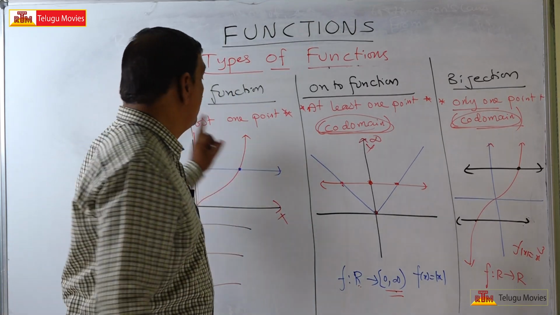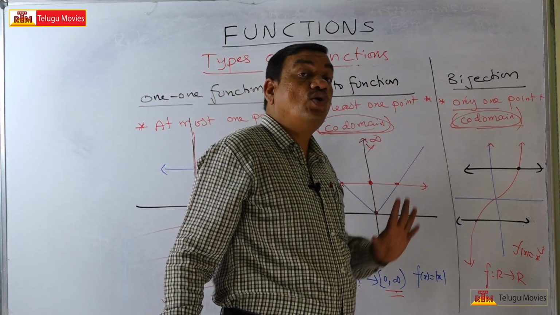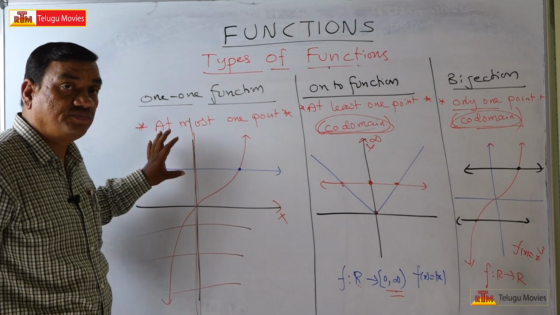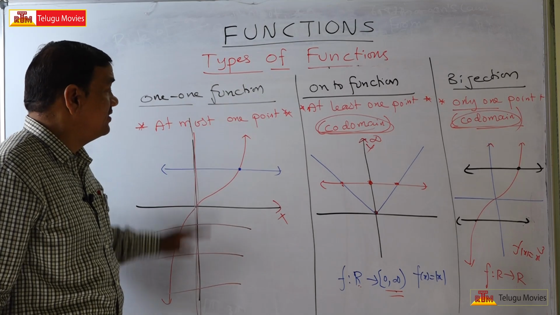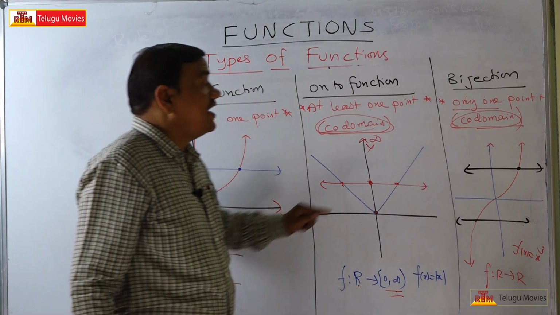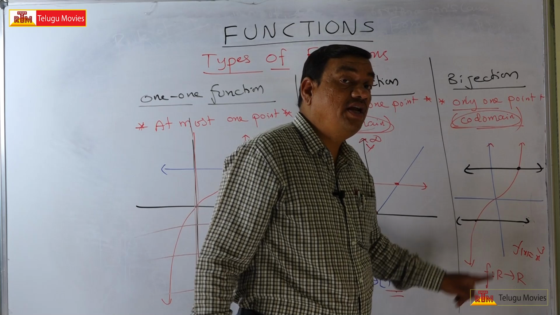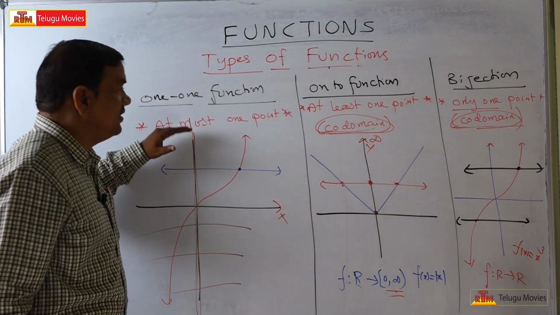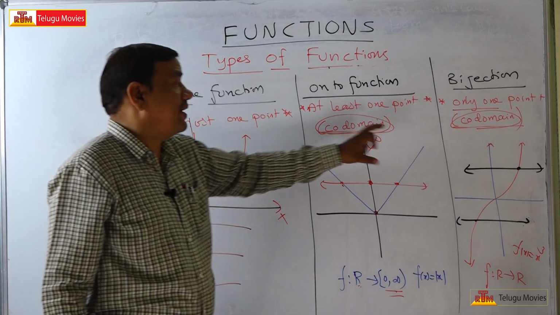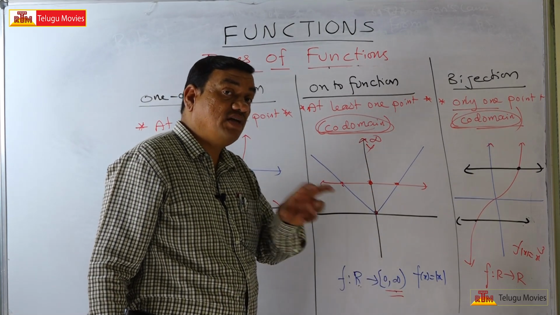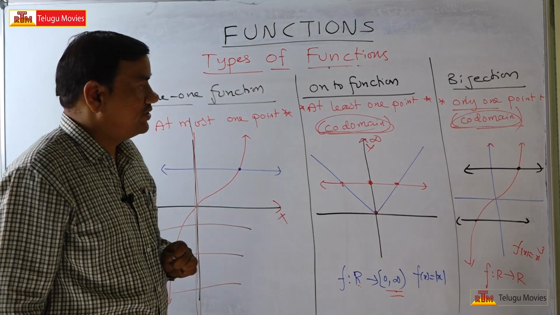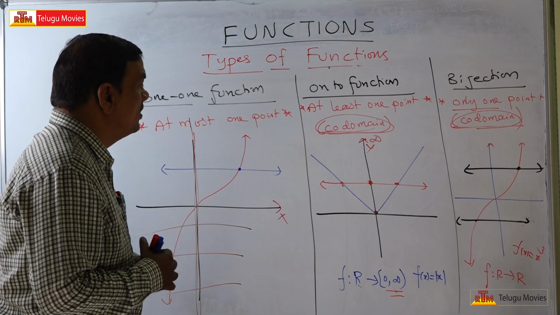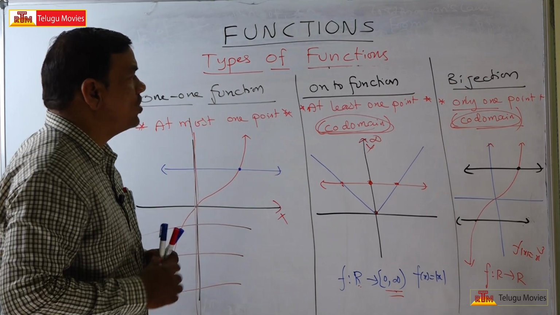It is at most 1 point in one case, only 1 point in the other. In one-one you can take the point from anywhere, but in onto and bijection you have to take the point from the codomain, whatever the codomain may be. So these are some examples of one-one function, onto function, and bijection.